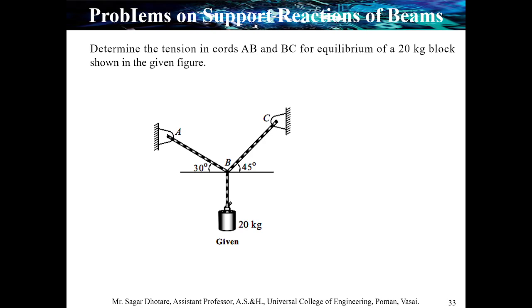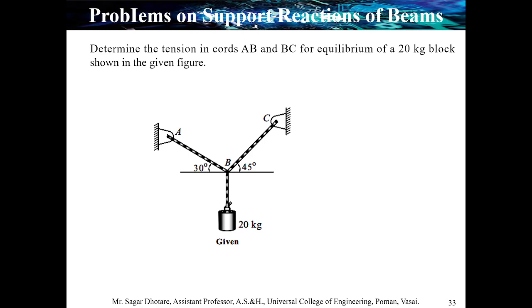So today we will take three problems. First, which is shown on screen, you can just go through the problem. Determine the tension in chord AB and BC for equilibrium of the 20 kg block as shown in the figure.